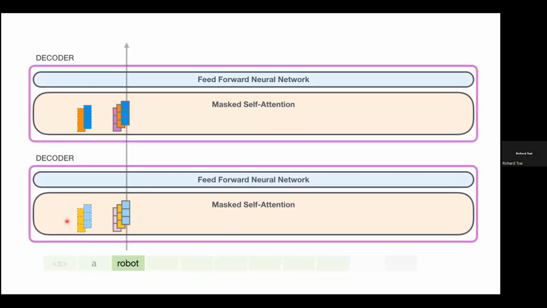When robot is input, calculating robot's scores requires A's keys and the values in every layer. Since these keys and values are stored when A is input, there is no need to calculate them again.